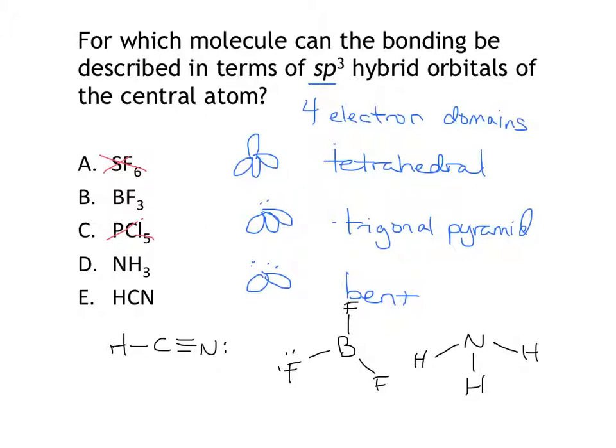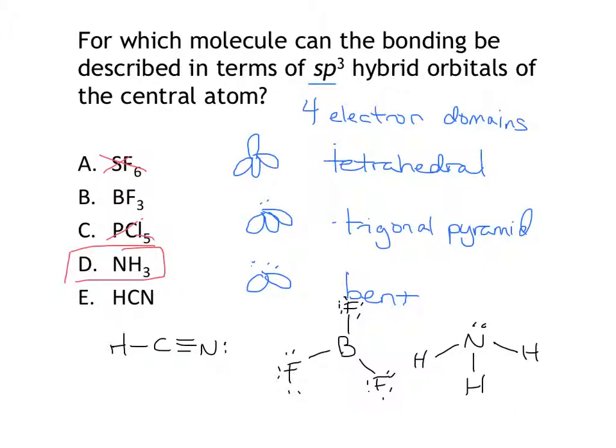But boron is one of our exceptions to the octet rule. Boron is completely fine with only making 3 bonds. Nitrogen is not, okay? So if we know that boron is not going to have a lone pair, but nitrogen is, which one of those is actually the sp3 hybrid one? Yeah, the NH3. So the nitrogen in the middle is sp3 hybridized.